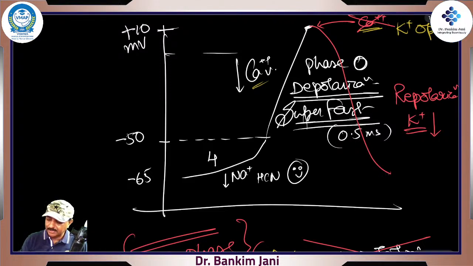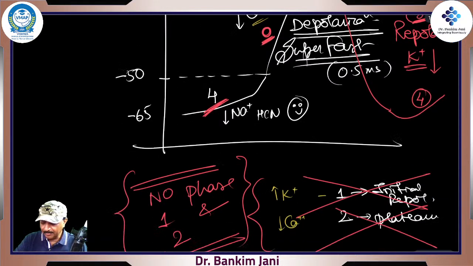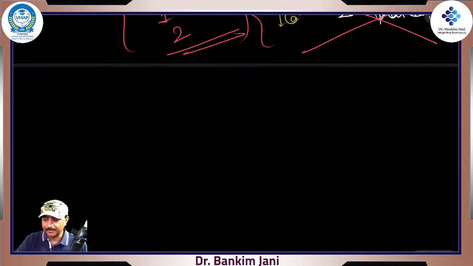Then once again it will go up, and phase 4 would come. Repolarization was phase number 3. So we have phase 4, phase 0, with 1 and 2 skipped, then phase 3, repolarization, and back to this. So 4, 0, 3, with 1 and 2 skipped, and then it continues. This is the mechanism by which pacemakers fire.